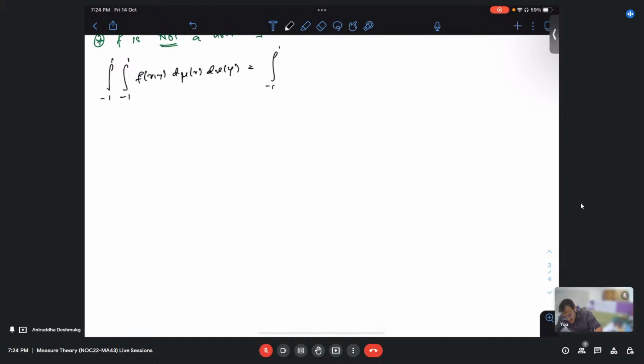So this is again minus 1 to 1, minus 1 to 1, xy over x square plus y square whole square, d mu x, d mu y, except for when the denominator is non-zero. So when y is equal to 0, x cannot be 0. When x is equal to 0, y cannot be 0. So that is the case. But anyway, we can think of integrating it this way because removing one point doesn't matter.